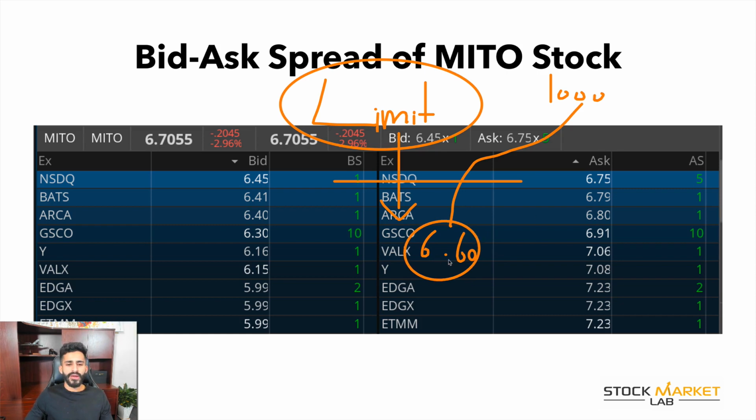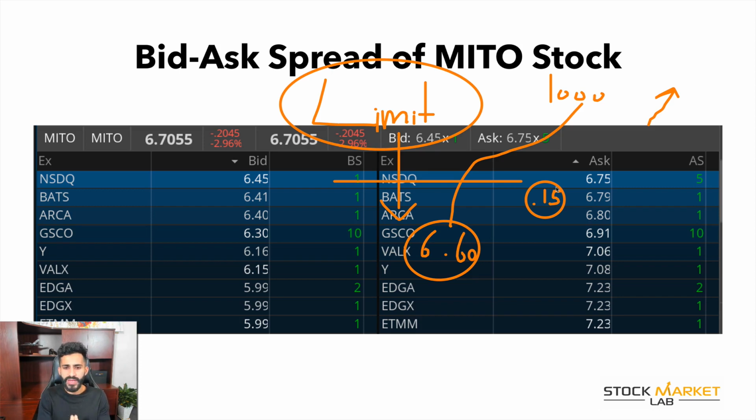So when I'm using a limit order to buy 1,000 shares at 660, there's somewhat of a possibility I might get filled. Knowing that, I'm already saving 15 cents per share by understanding just that concept. So it's super important to understand how this whole order flow system works. If you don't remember it or don't understand it, go back to the beginning where I talk about market makers.